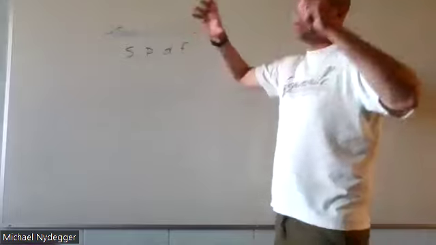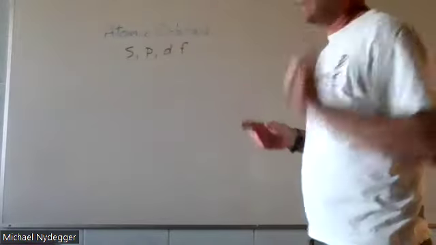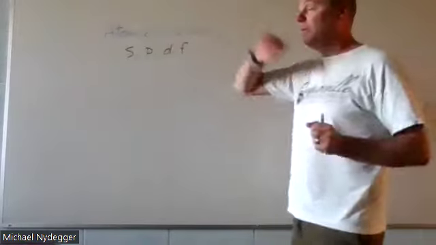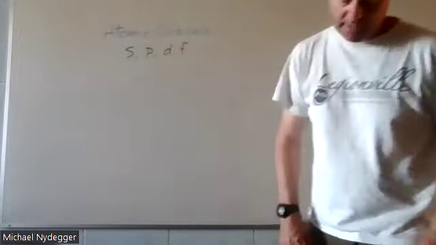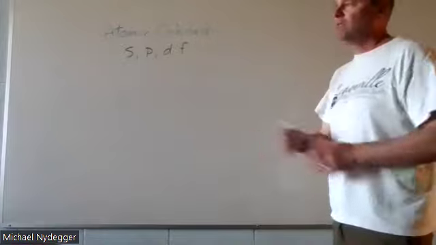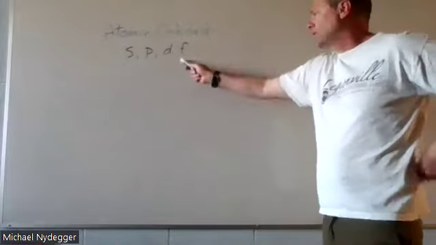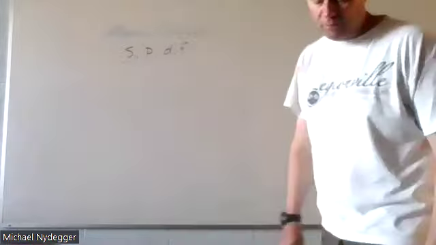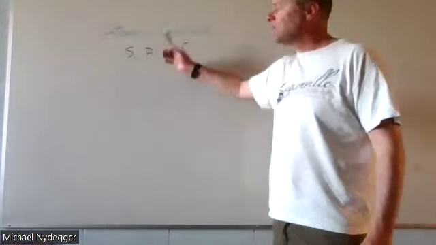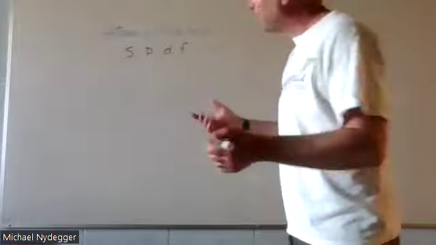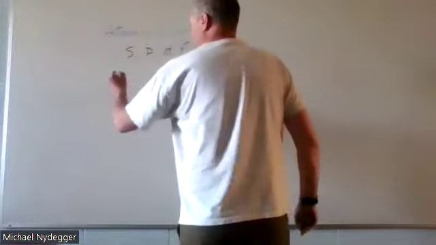The D is going to be two dumbbell shapes rotated 90 degrees off of one another, or it will be a dumbbell shape with a hula hoop around it. And the F is very similar to that as well, except this will be in 2 dimension. This will be more or less in the 3 dimension. So those are going to be some of the atomic orbitals. From this, we came to electron configuration.